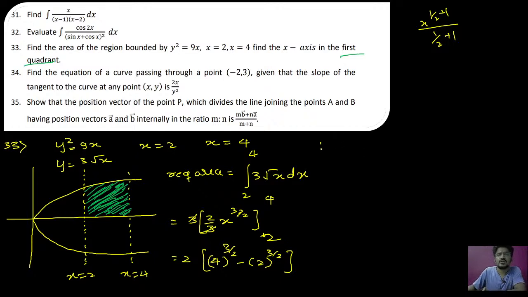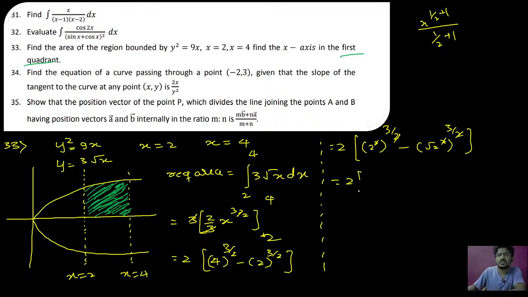Now we have 2 times of 2 square to the power of 3 by 2, where the 2 will get cancelled, minus root 2 square to the power of 3 by 2, where the 2 will get cancelled. So 2 times of 8 minus 2 root 2. This is your answer.